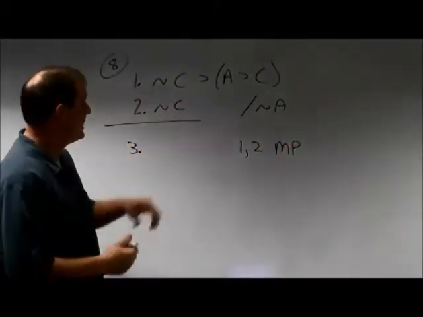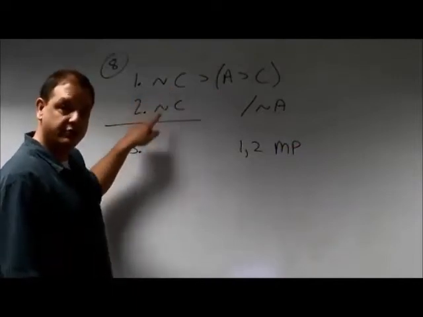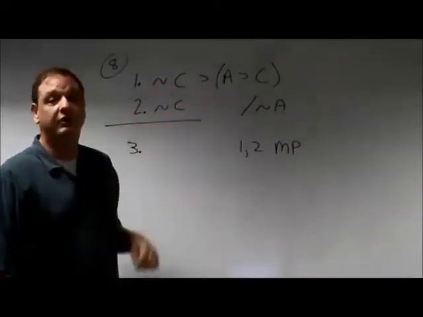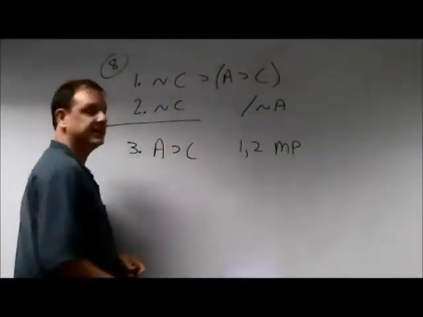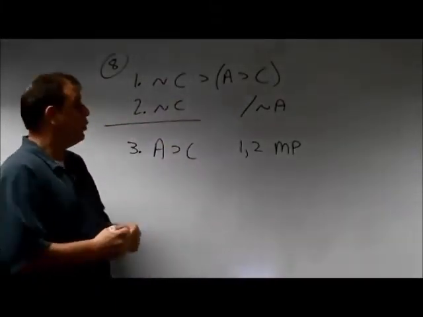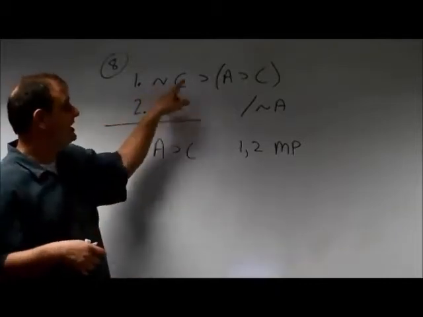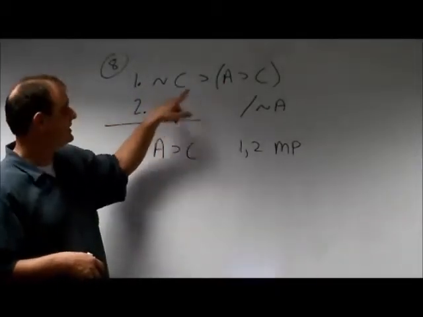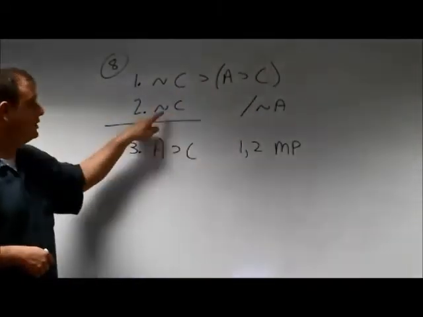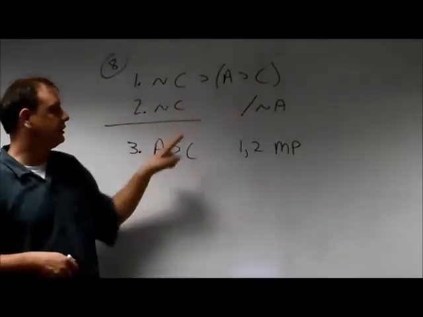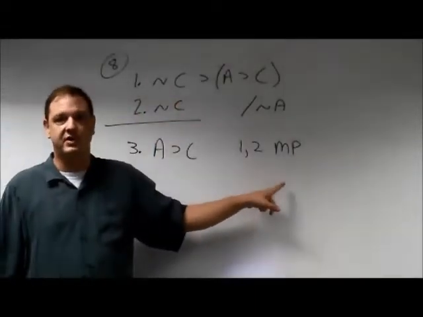Modus ponens says, if you know the antecedent is true, which we do, then you can conclude the consequent. So the line we get here then is just if A, then C. Remember if P then Q, P therefore Q? Well, in this case, P is not C, and Q is if A, then C. We knew the antecedent was true, so we can conclude the consequent. That's modus ponens for you.